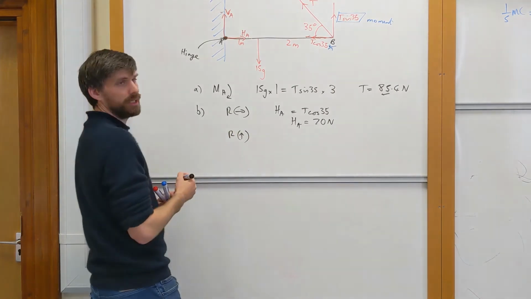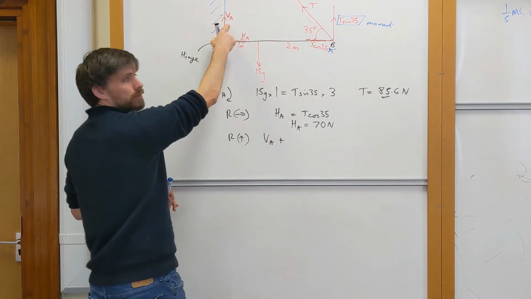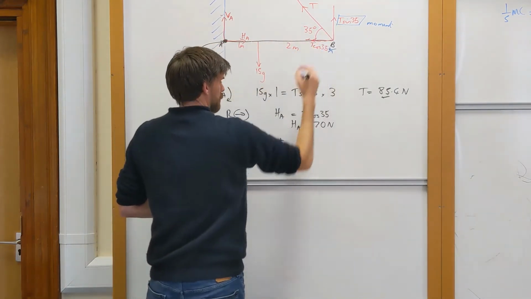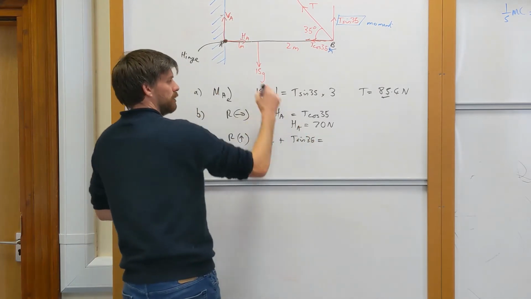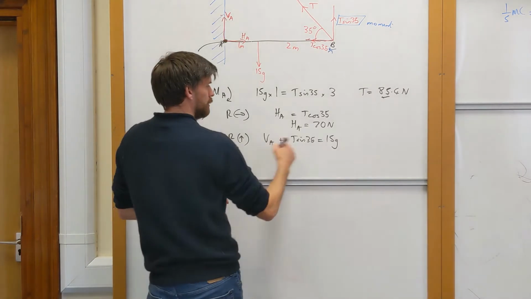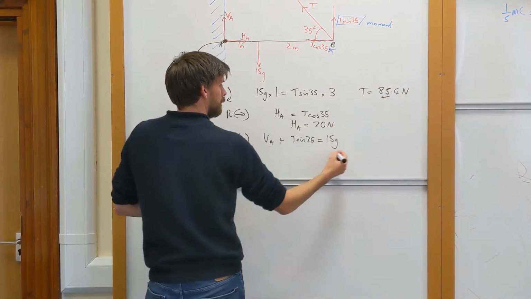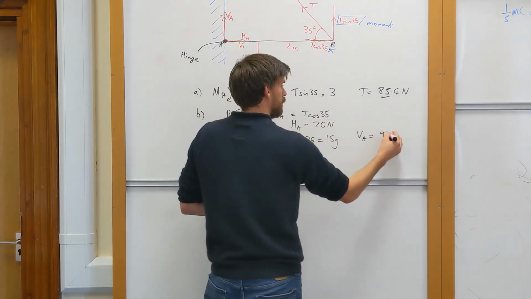If I resolve vertically, VA, the vertical component at A, plus T sine 35, has got to be equal to my forces going down, so 15g. Again, using the tension from there, I can find that the vertical force at A is going to be 98 newtons.